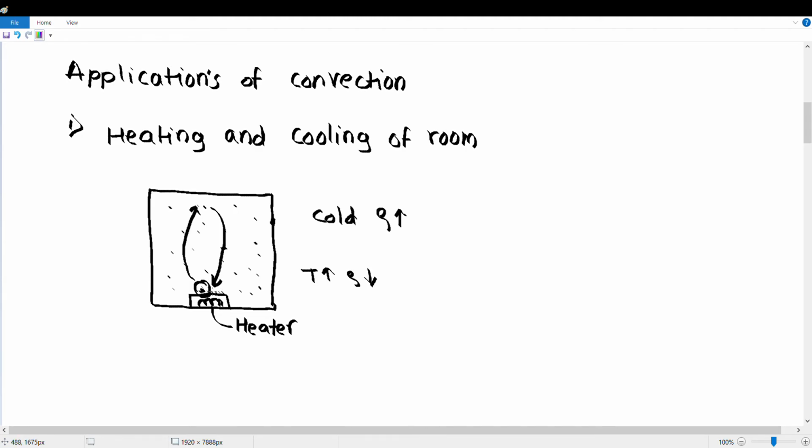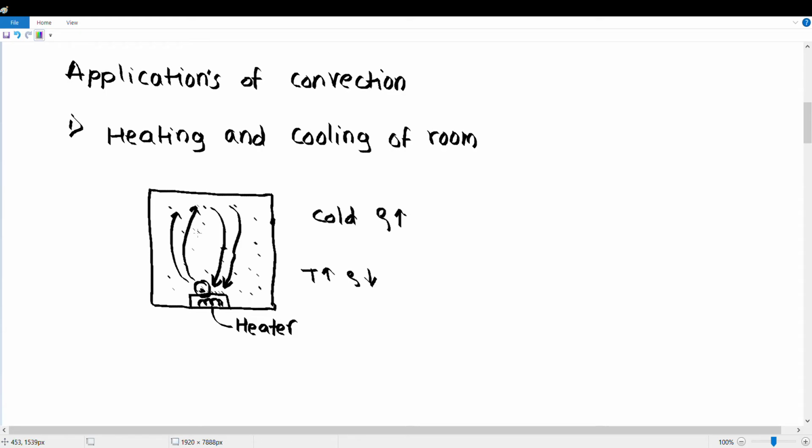Then again it receives heat, its density decreases, and it moves upward. The molecule in the upper portion, which has more density, falls and replaces this lower molecule.